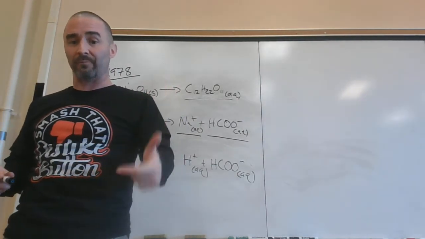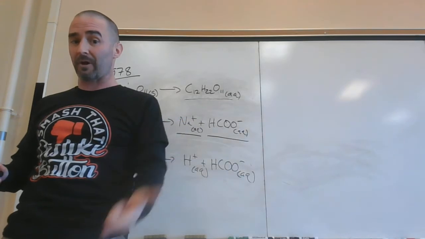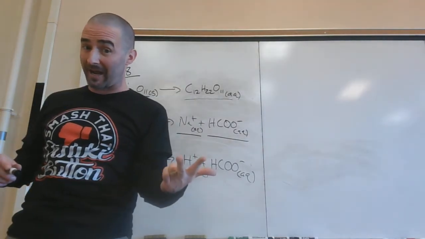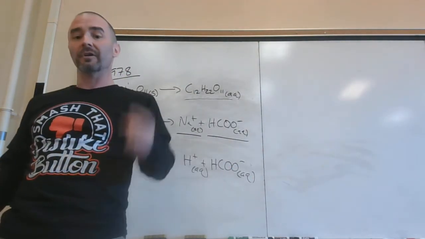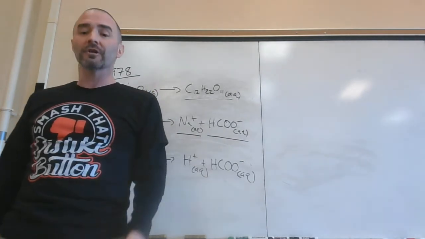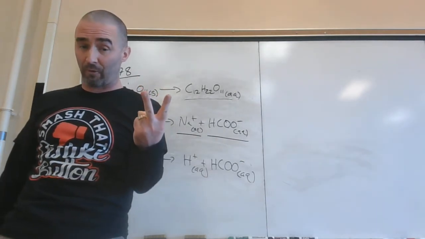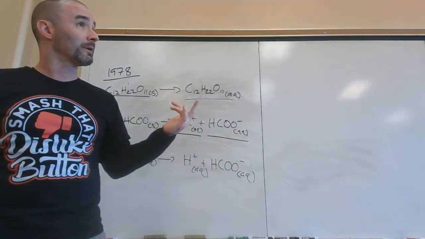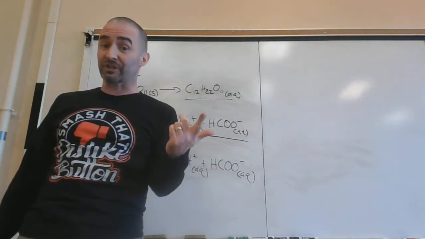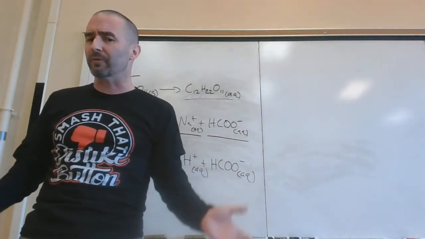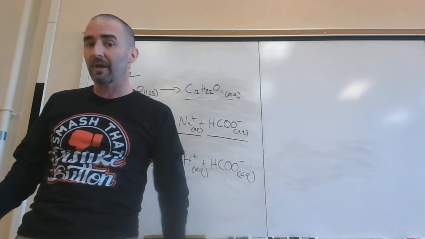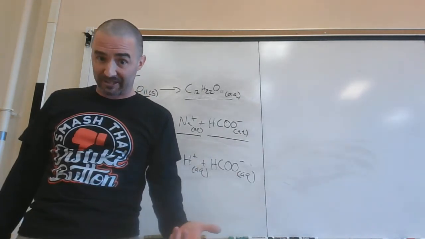Hydrochloric HCl, hydrobromic HBr, hydroiodic HI, nitric HNO3, sulfuric H2SO4, and then perchloric HClO4. Those are the only 6 that break up 100%. The rest of them are weak acids.